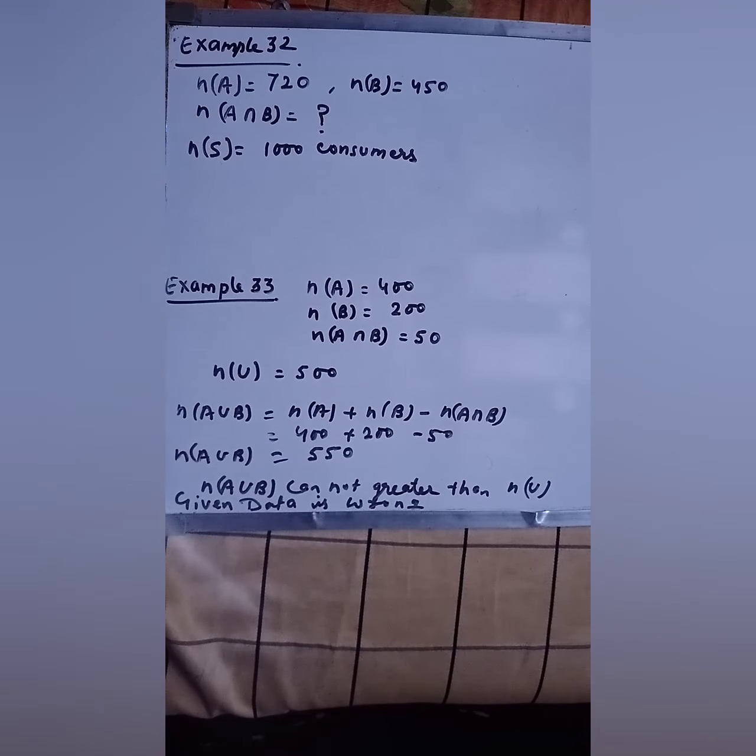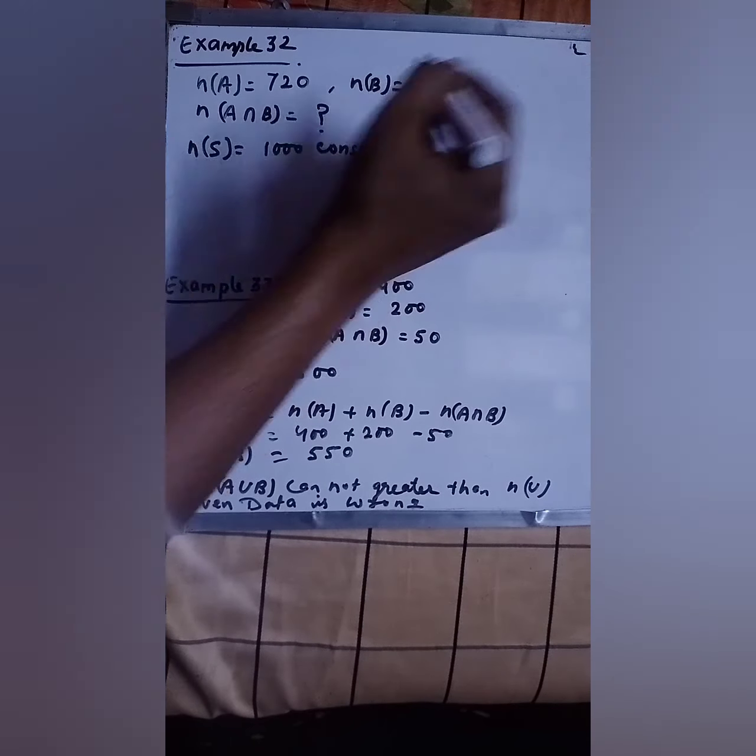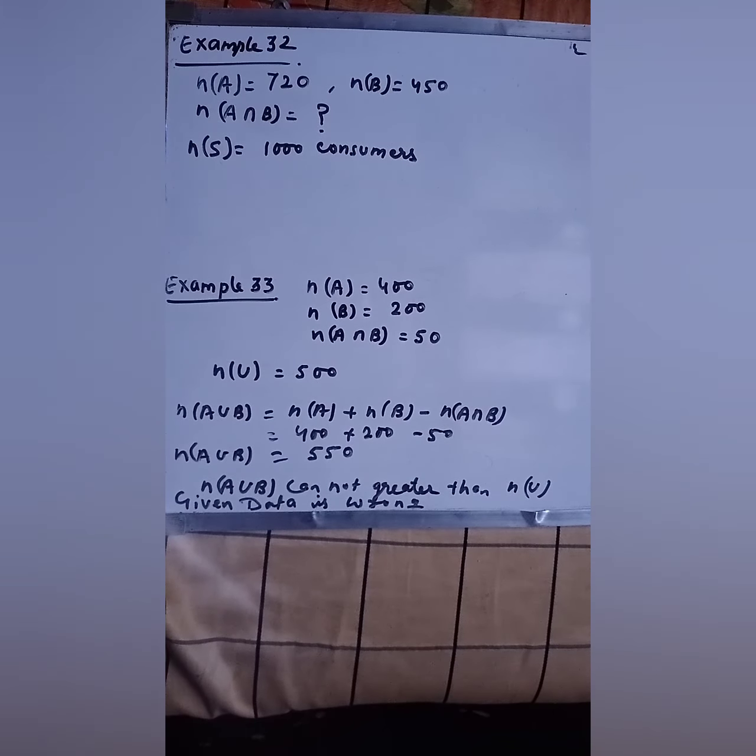So that means we have to find out the intersection between A and B. Here the total survey is given to us, which is 1000 consumers. So in this case, the total consumers are given, which is 1000 consumers, and in the question we have to find out the least number that must have liked both products.